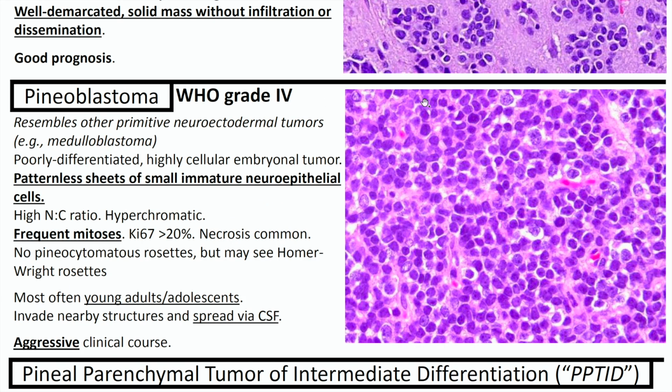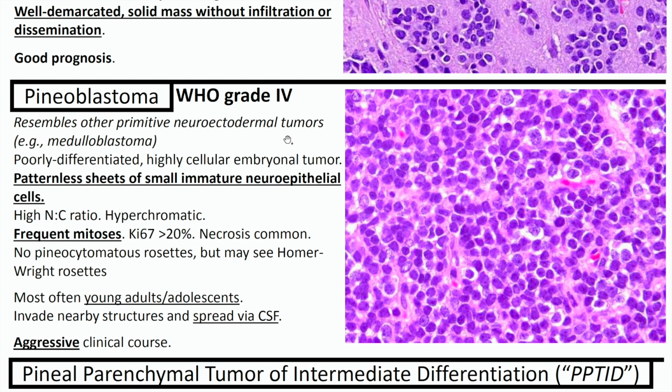Unlike pineoblastoma, which is WHO grade 4, which resembles other primitive neuroectodermal tumors such as a medulloblastoma. And this is a poorly differentiated, highly cellular embryonal tumor with patternless sheets of small immature neuroepithelial cells with high nuclear to cytoplasmic ratio, hyperchromatic, with frequent mitoses, Ki67 expression over 20% with common necrosis, and no pineocytomatous rosettes, but you may see Homer-Wright rosettes.